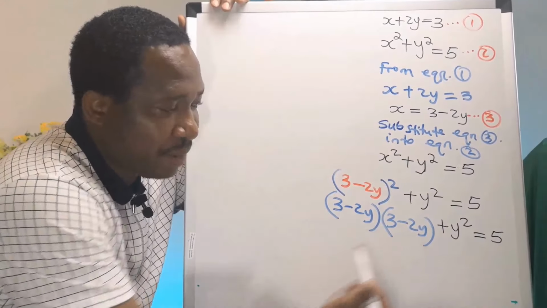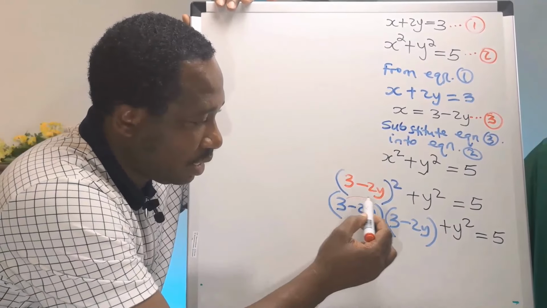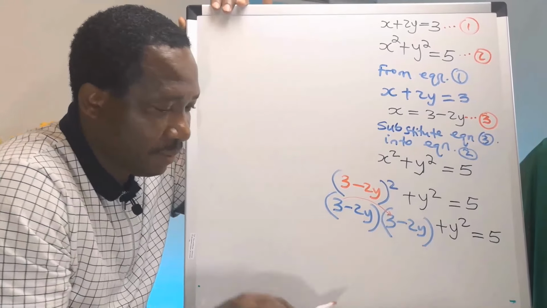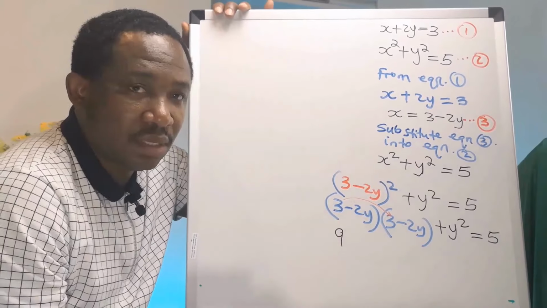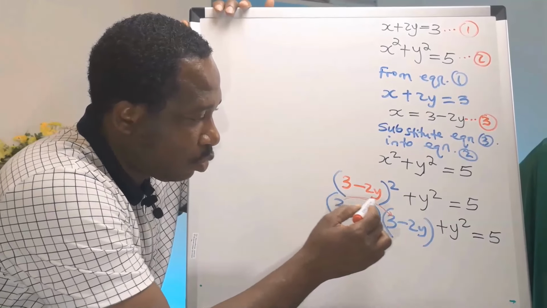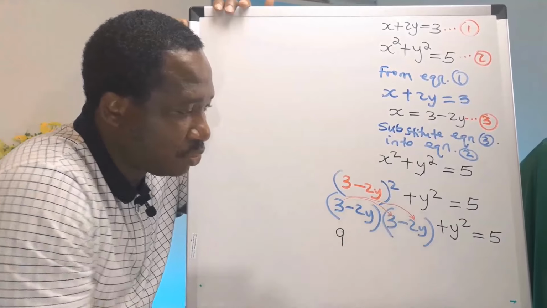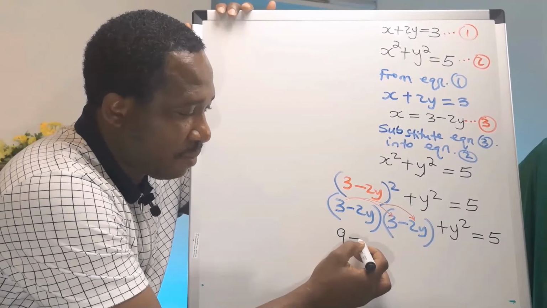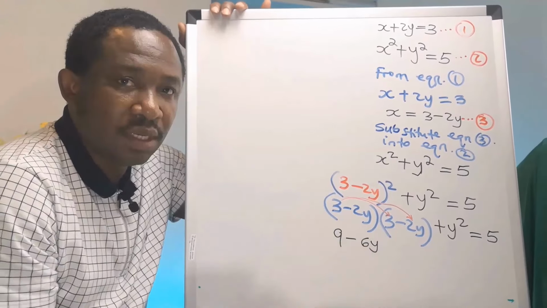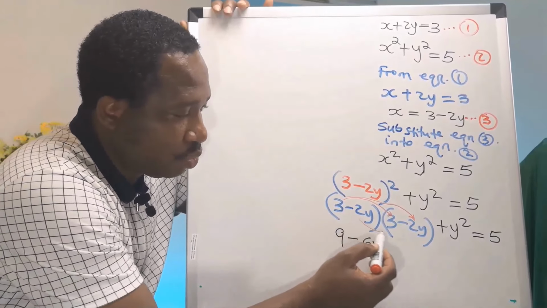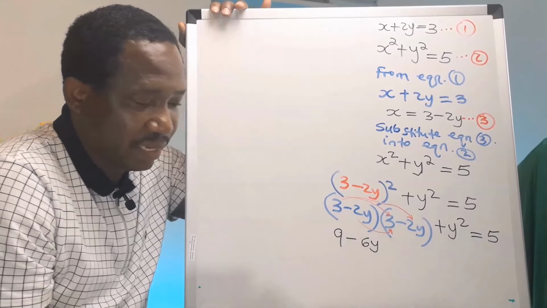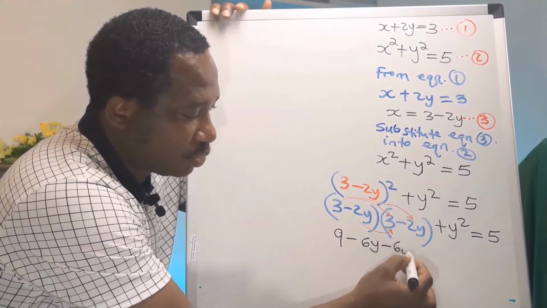We're going to expand this bracket. 3 multiplied by 3, you will have 9. Next, 3 will multiply minus 2y, you will have minus 6y. Next, minus 2 multiplied by 3, you will have minus 6y.